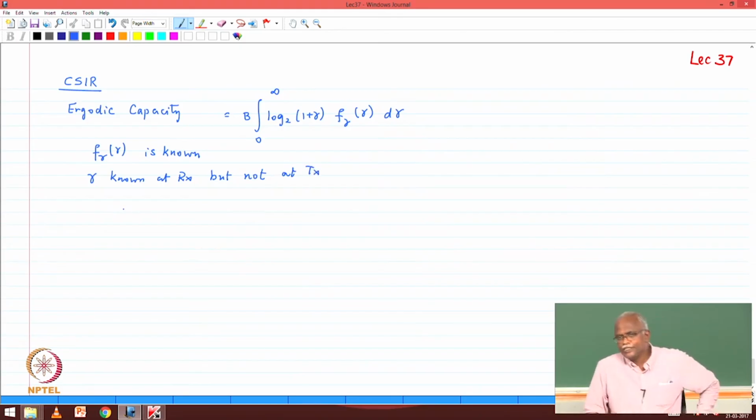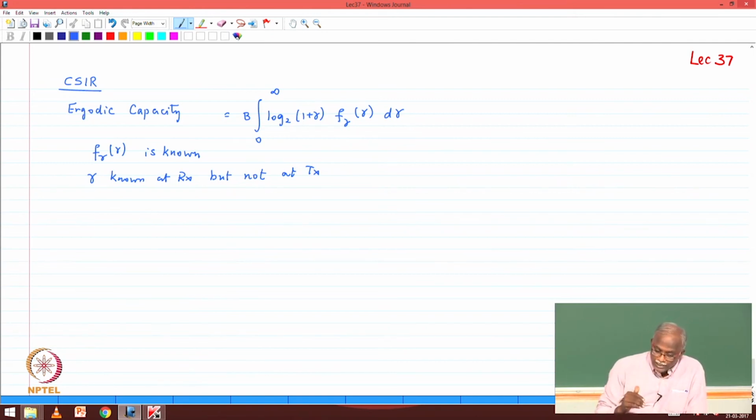So, given this situation, what can the transmitter do? Transmitter says, I don't know what the channel is. So, what will it do? It says that sometimes it's good SNR, sometimes bad SNR, but I must transmit error free, right? I must get the information across to the other side.